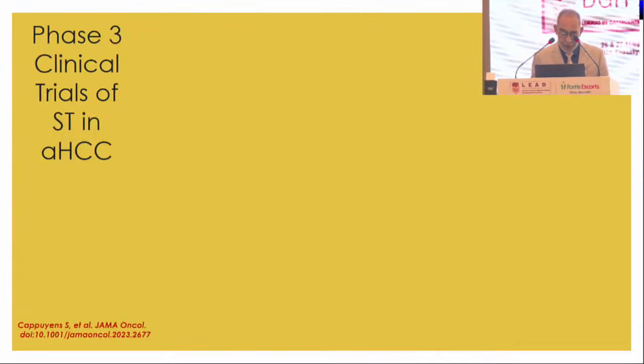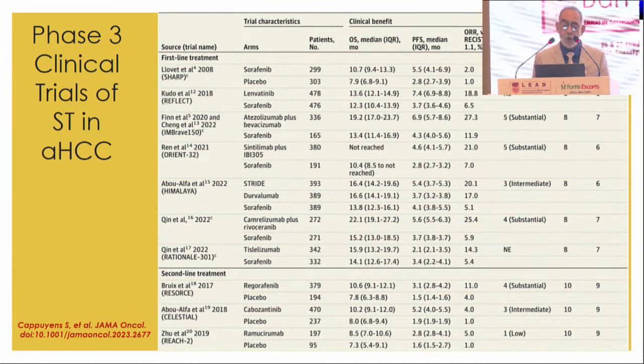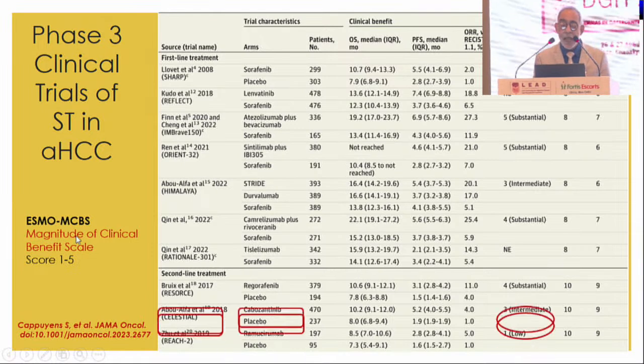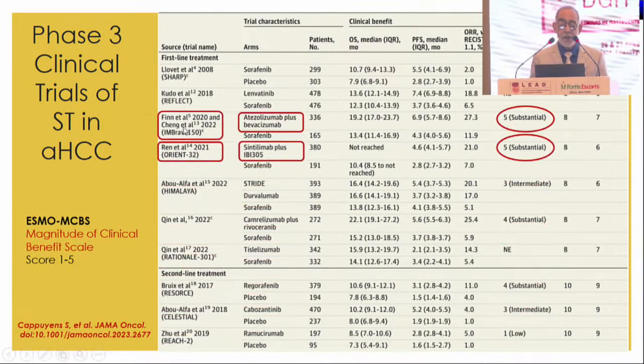Now, recently in JAMA Oncology, what they have done is to look at all these trials with systemic therapy, and like the European Society for Medical Oncology, they introduced the concept of magnitude of clinical benefit, which is objectively scored from 1 to 5. Of this, the atezo-bev registration trial, the 2020 study updated in 2022, gives you a very good substantial benefit of 5 out of 5, as does the similar Chinese ORIENT study in which the indigenous sintilimab and an anti-VEGF agent was used.